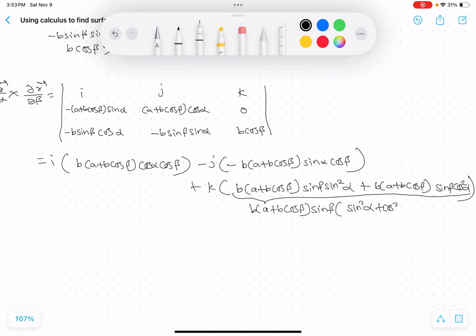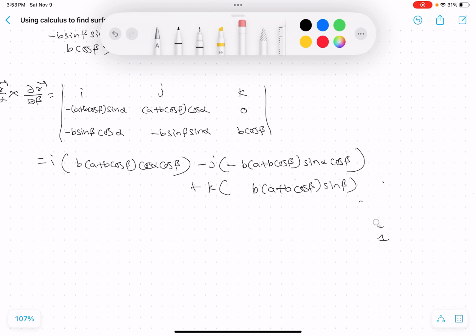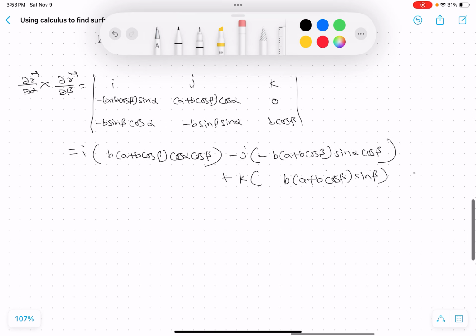So I can actually write this as b times a plus b cos beta times sine beta, right? This will further simplify when I take the magnitude, so don't worry guys, it will not be that hard. Now if I want to find the magnitude of this, also notice that this will be plus plus, due to multiplication.